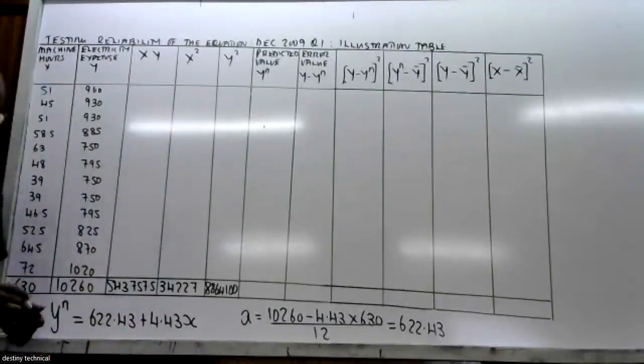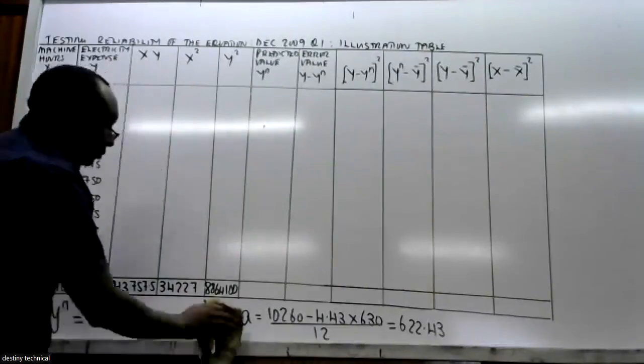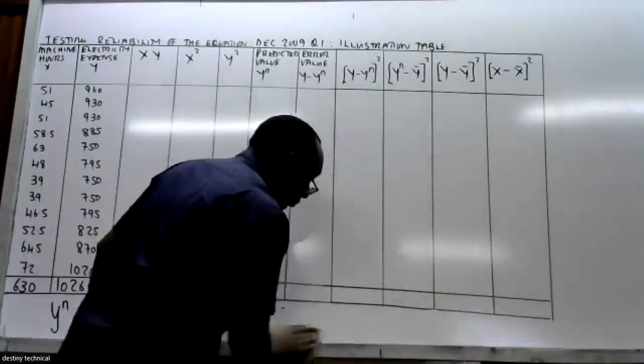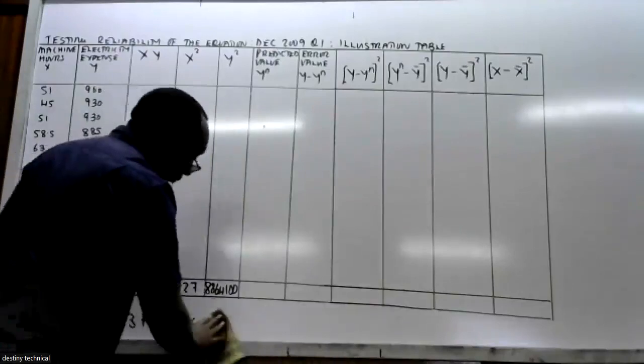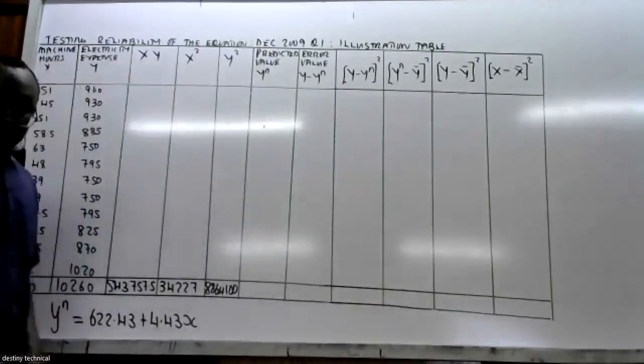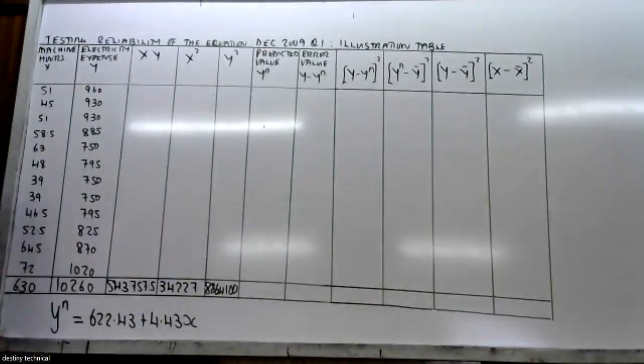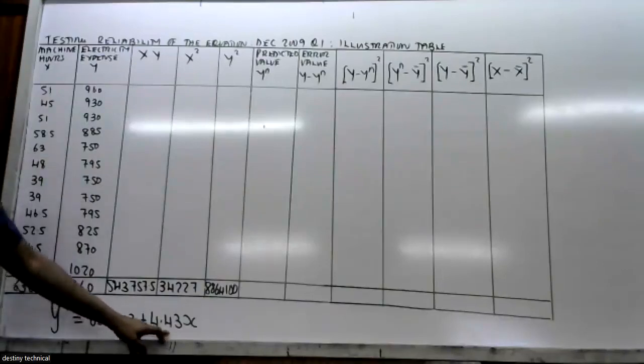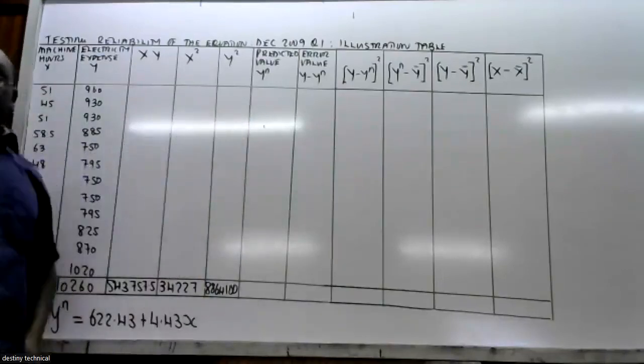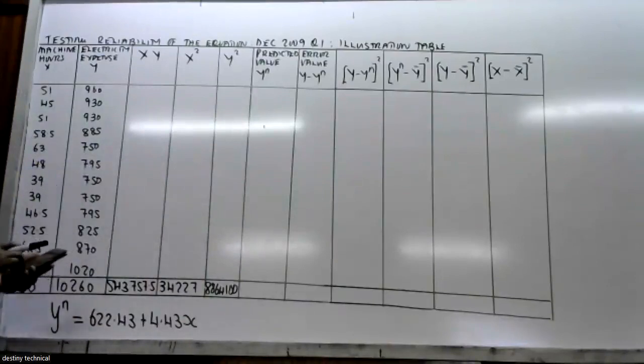That is the equation. So what we normally do now, just like we have been doing with the others, you take this value of x, put it in this equation and you get the predicted value. So let's start with the first one.